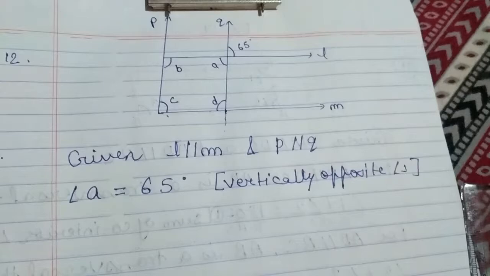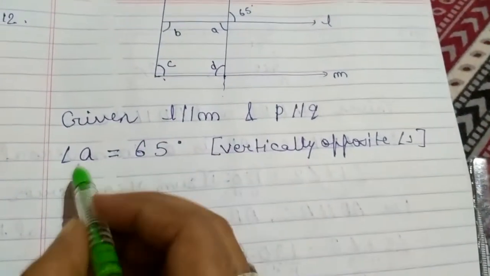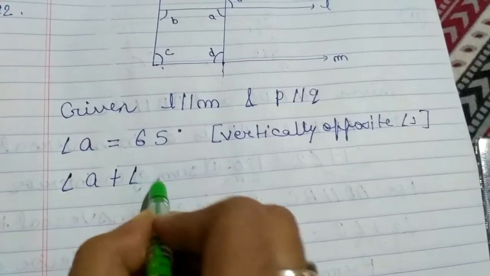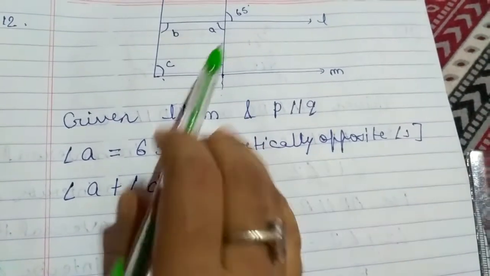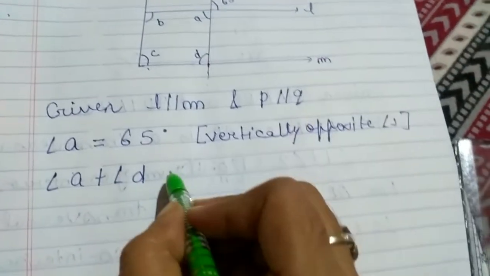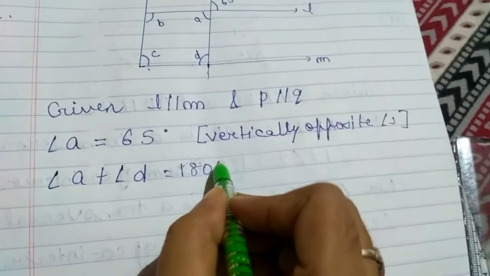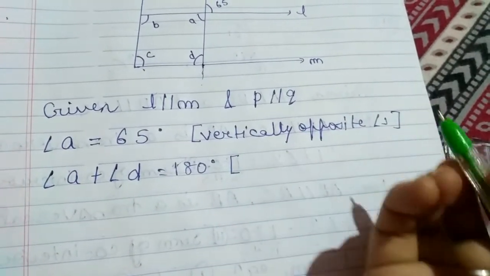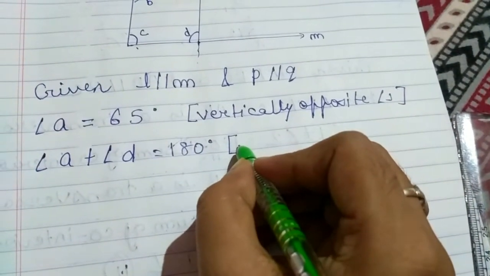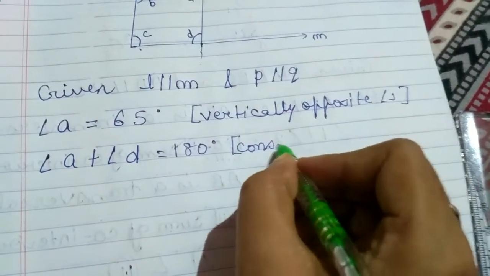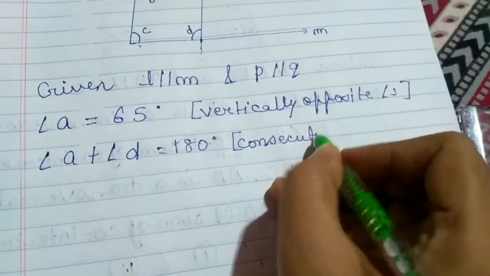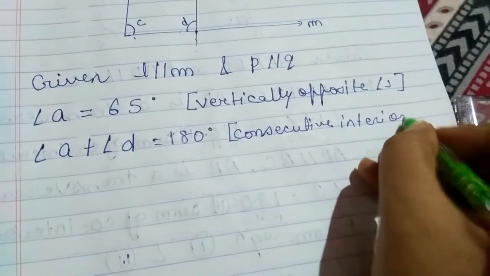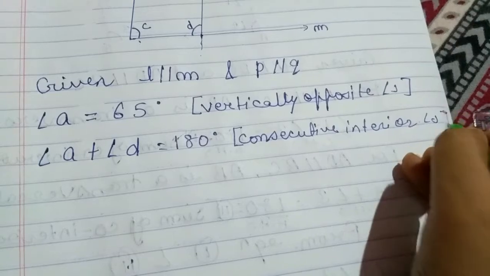Clear? So just write here angle A plus angle D is equal to 180 degree. By which property? Consecutive interior angles or co-interior angles.